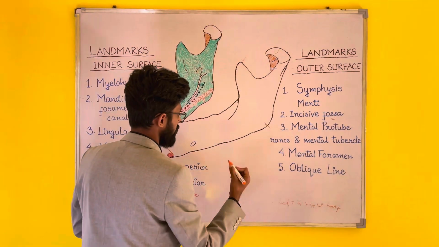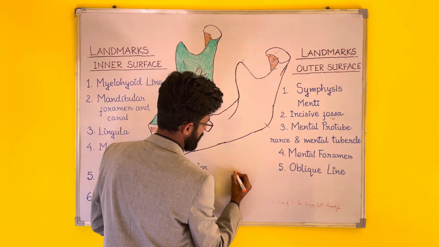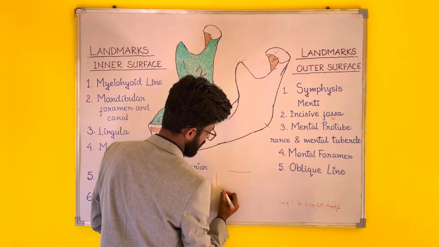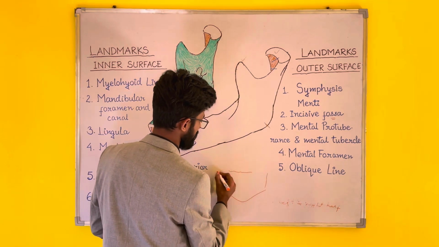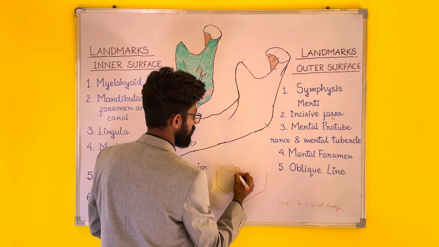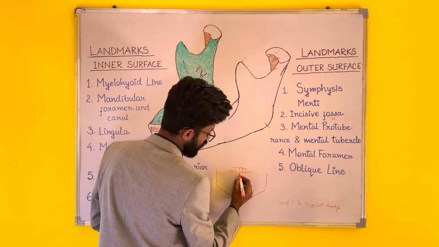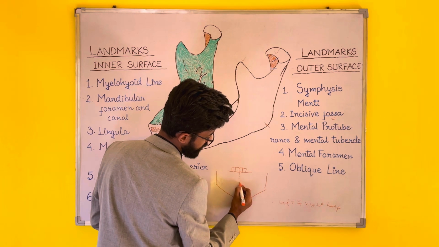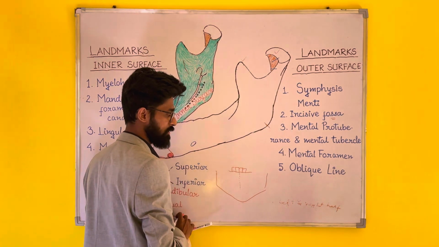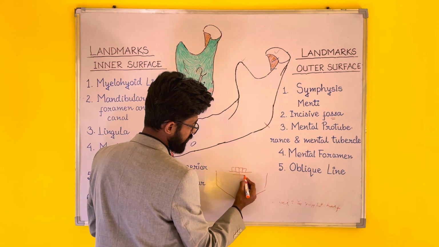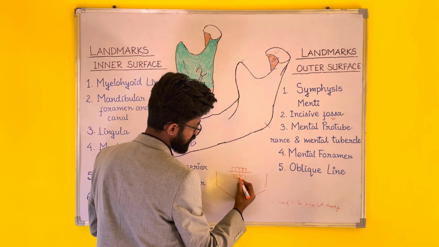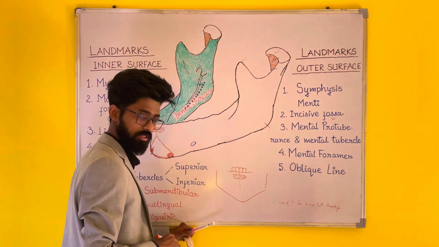So, if we see the mandible from the anterior aspect, it looks like this, right? This is the central incisors, the lateral incisors. There is this line, which is called the symphysis menti. This depression is called the incisive fossa.